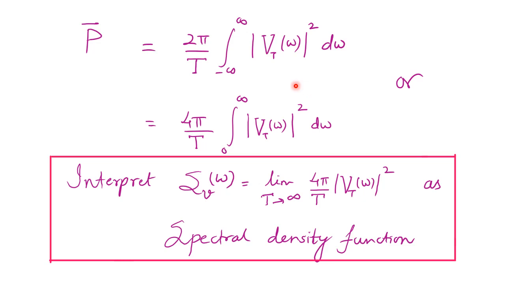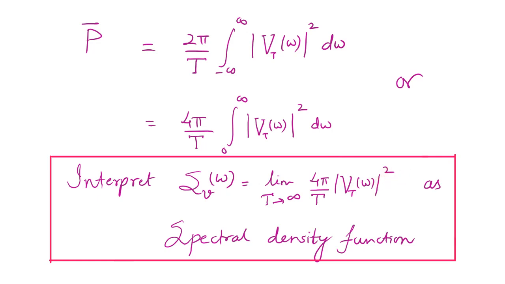So this would be my important result, that my average power, which I had integrated in time, is now equivalently the average power with an appropriate factor 4 pi by T integrated over the finite time averaged spectral function, right? So this particular object within the integration is what I call a spectral density function, which is simply 4 pi by T, V_T omega mod square.